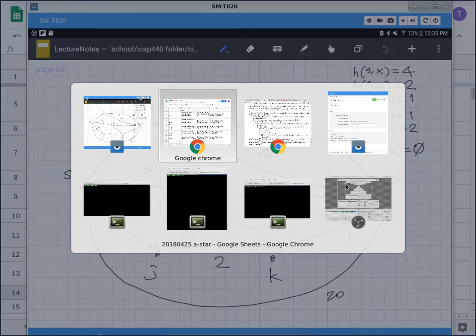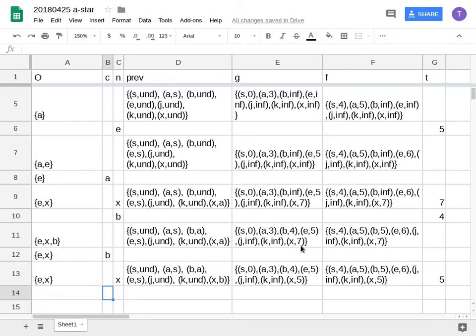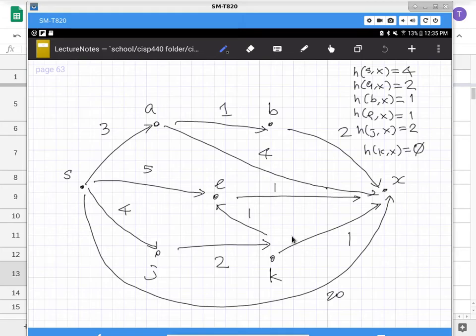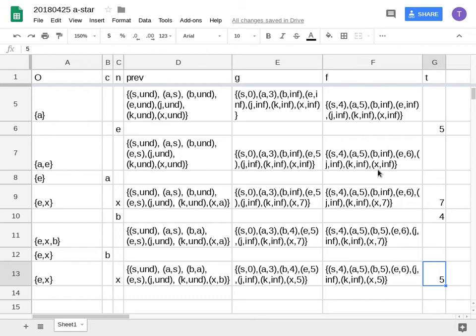G of X incorrectly. So it got updated from here to here. So this 5 is incorrect. This 5 is the problem. It is based on G of B plus the cost of the edge from B to X. Did I make a mistake with this? Yep, I did. It's a 2. So I did make that mistake.